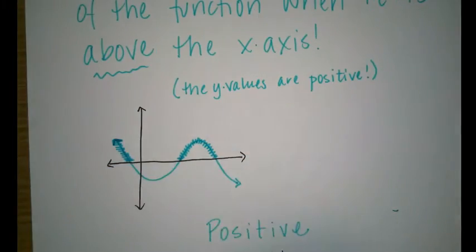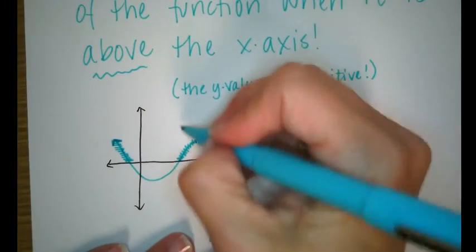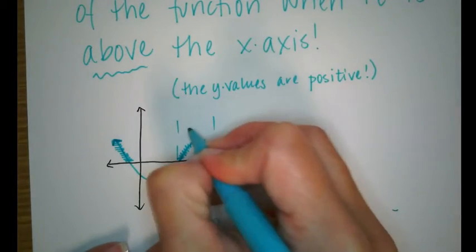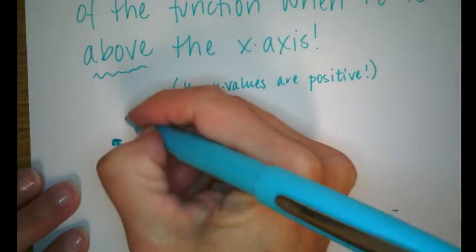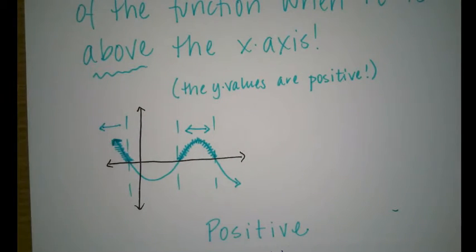Now, I know that the y values are positive. The y values are above the x-axis. So what I'm saying is that they are above the x-axis between there and there, and then it is above the x-axis from there to there. So again, we're going to be using interval notation again.